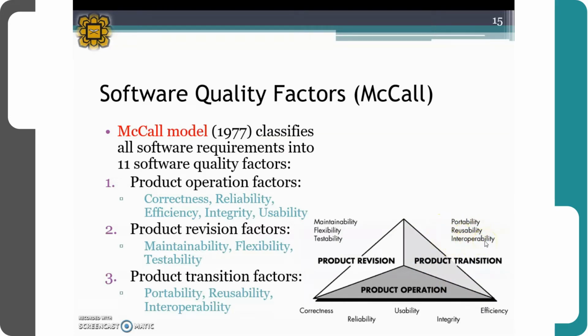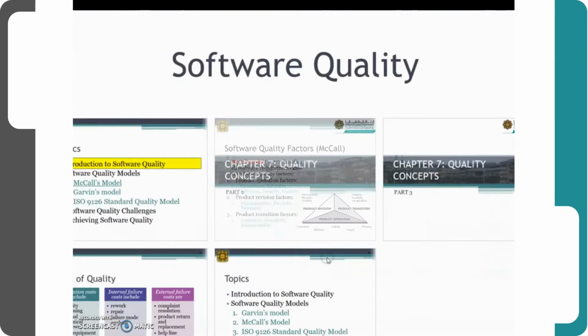So at the end of this lecture, you should be able to at least briefly know the definition for each of these and an example of each of these quality factors. And if you are given an example or a statement, you should be able to classify which one it belongs to.